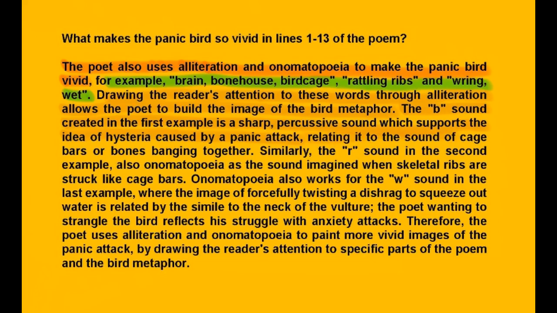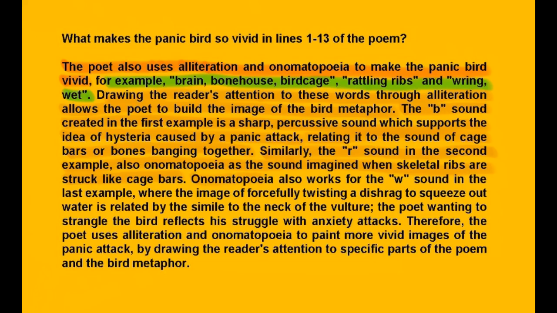relating it to the sound of cage bars or bones banging together. There's some alliteration of my own in that sentence. Okay. Similarly, the R sound in the second example, rattling ribs, is also onomatopoeia, because the sound imagined when skeletal ribs are struck like cage bars.